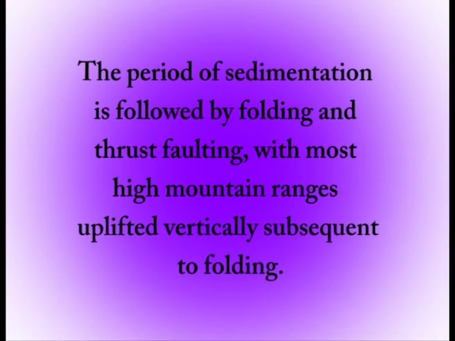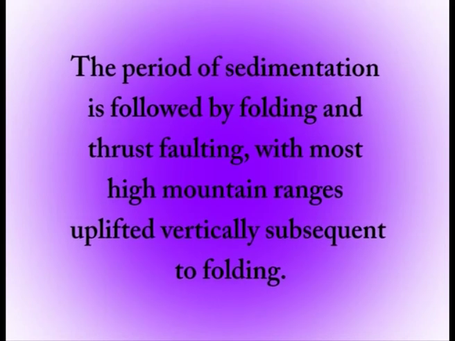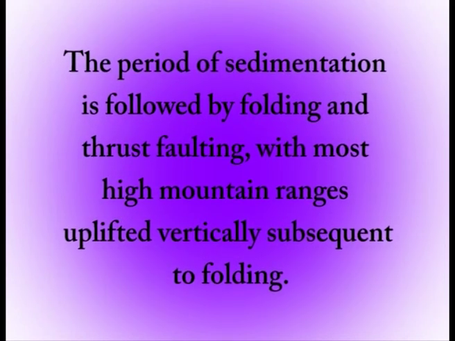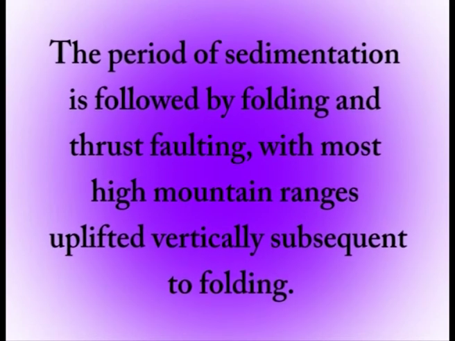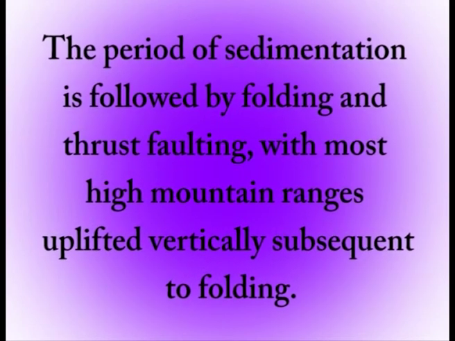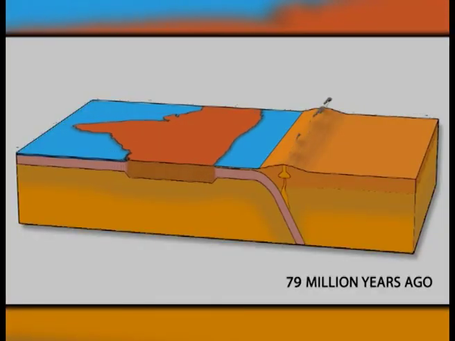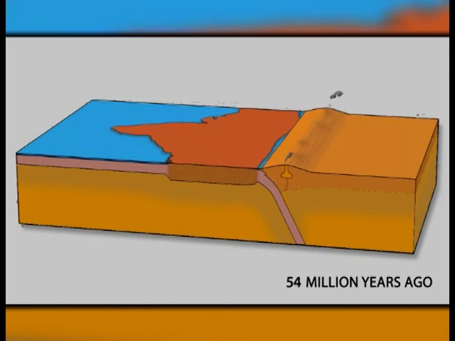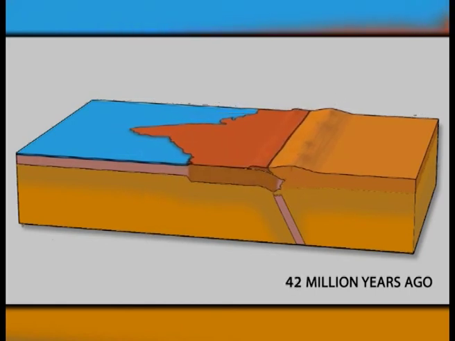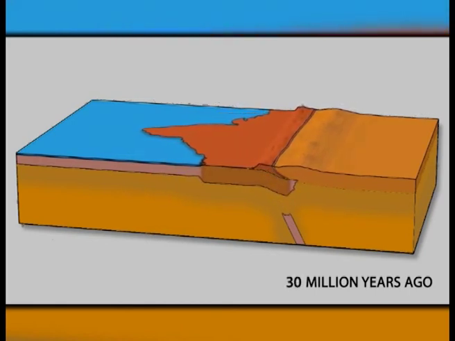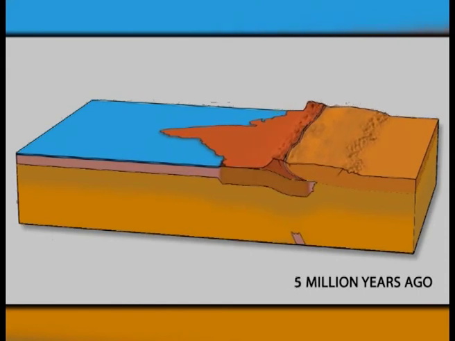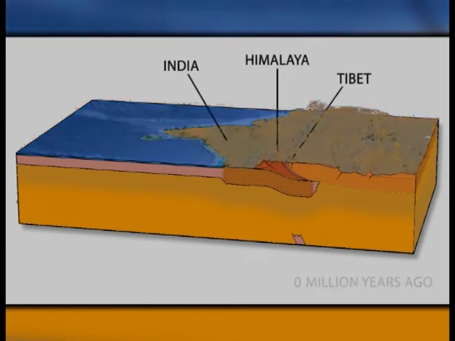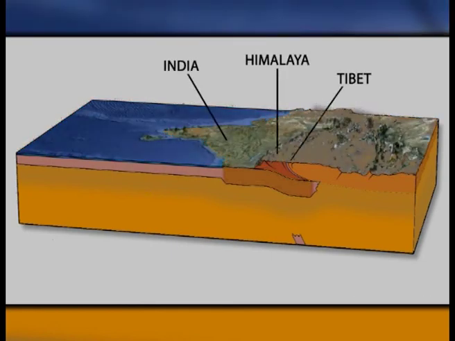The period of sedimentation is followed by folding and thrust faulting, with most high mountain ranges uplifted vertically subsequent to folding. The movements of the Earth's surface that result in the building of mountains are compression, which produces folding, thrust faulting, and possibly some normal faulting; tension, which produces most normal faulting; and vertical uplift.